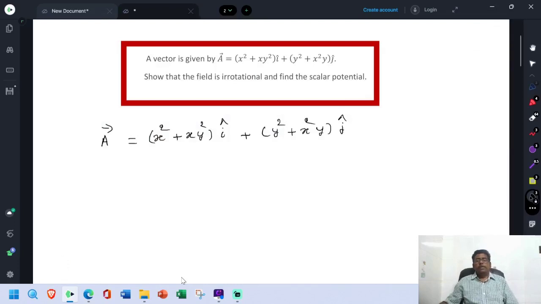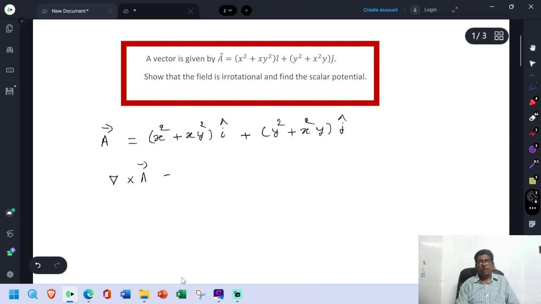A vector is given to you and you are asked to prove that the given vector creates an irrotational field, and also you have to find out the value of scalar potential. Suppose the given vector A is creating an irrotational field, it should satisfy the condition of del cross A equal to 0.